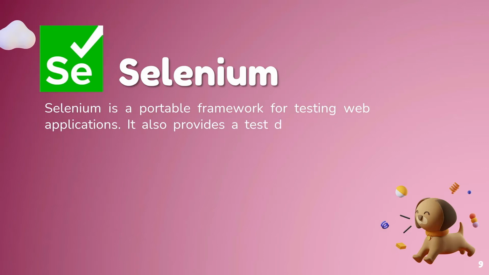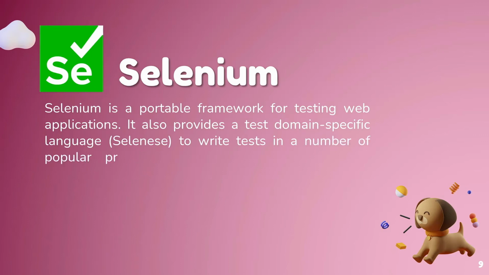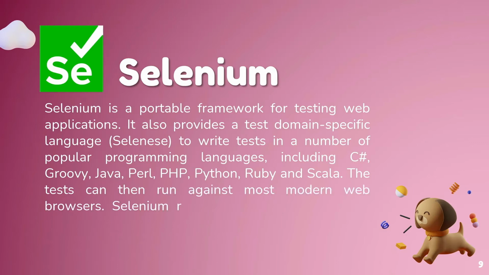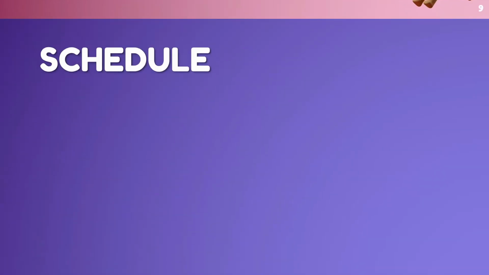It also provides a test domain specific language to write tests in a number of popular programming languages, including C#, Groovy, Java, Perl, PHP, Python, Ruby, and Scala. The tests can then run against most modern web browsers. Selenium runs on Windows, Linux, and macOS.